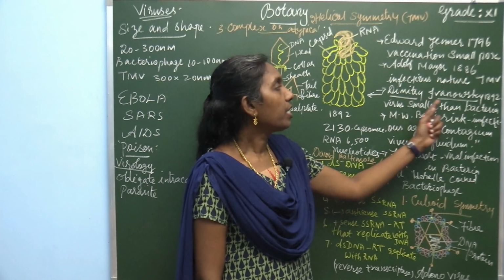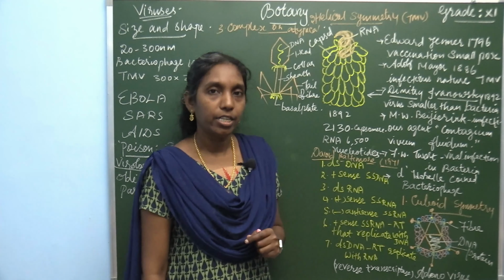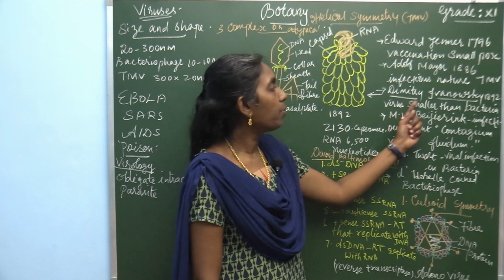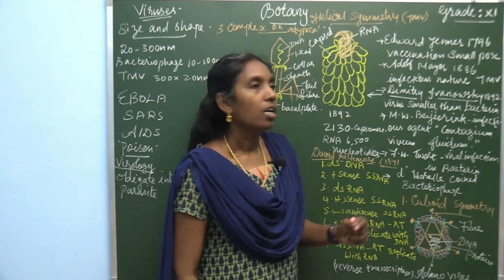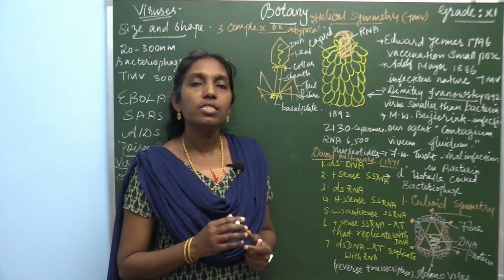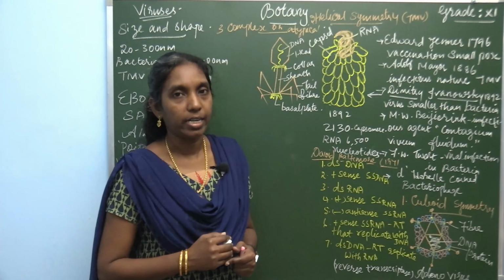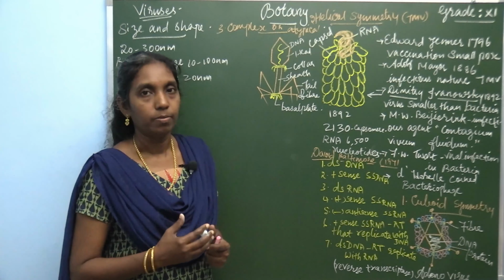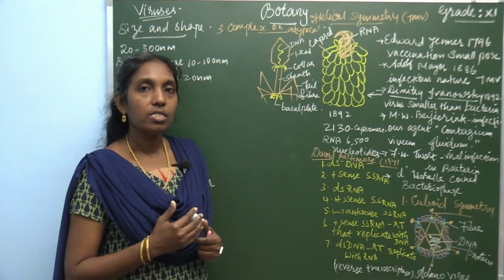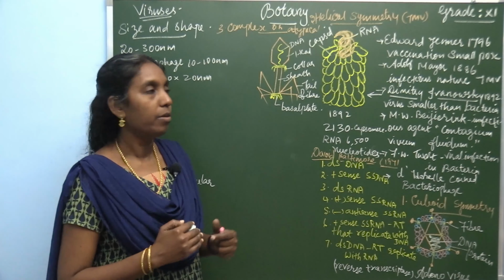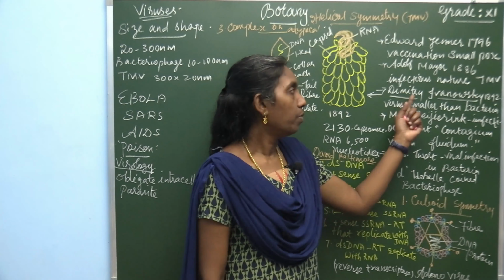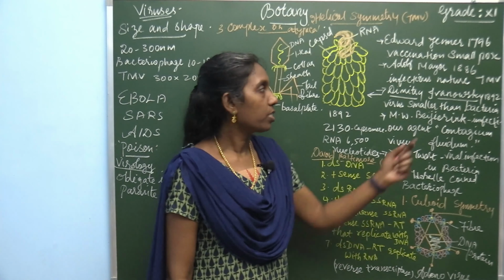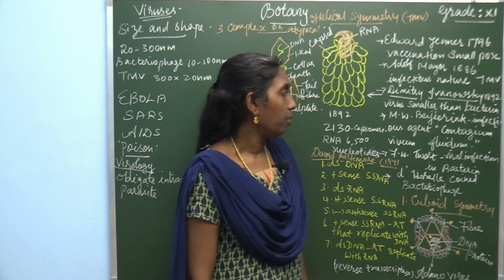Then Dmitry Ivanovsky in the year 1892 found that viruses are smaller than bacteria. You know that bacteria are small, but these viruses are smaller than bacteria, which was found by Dmitry Ivanovsky in the year 1892.